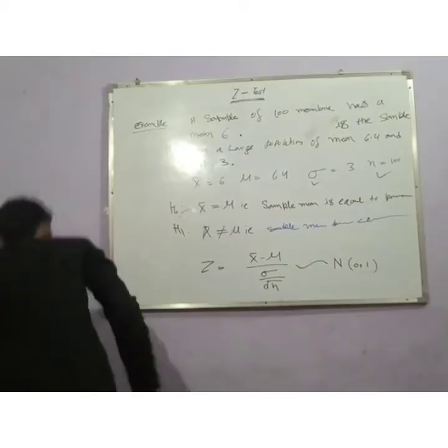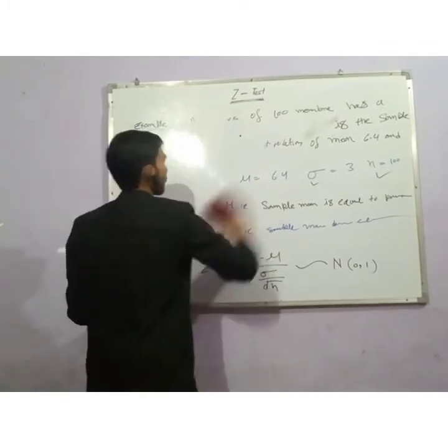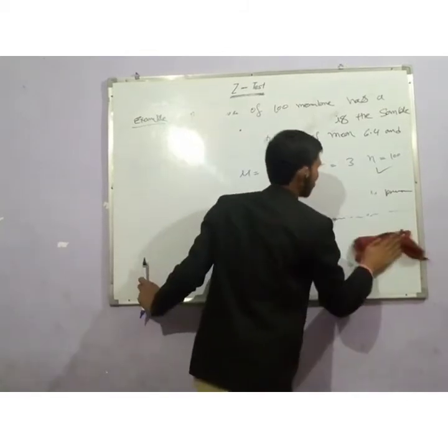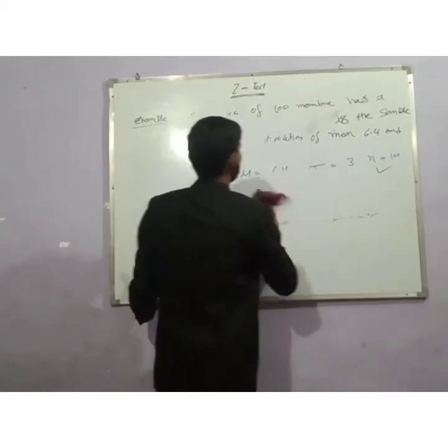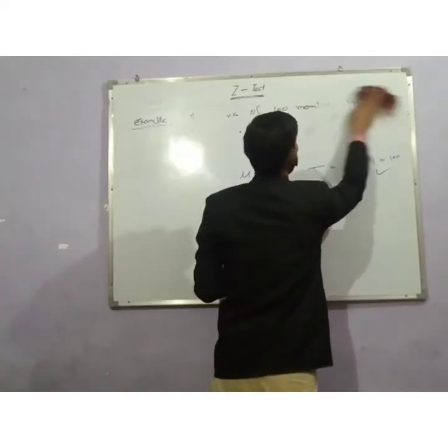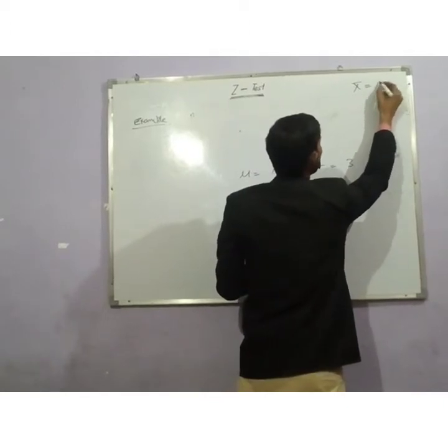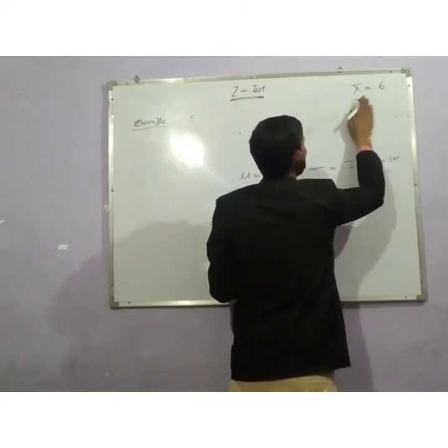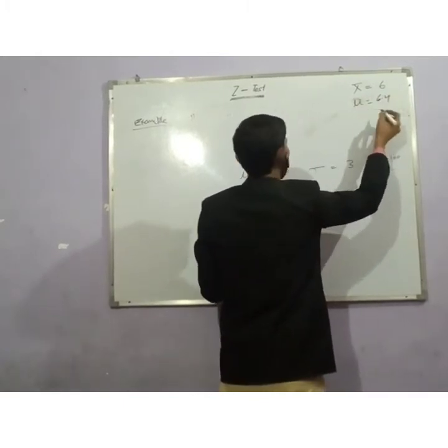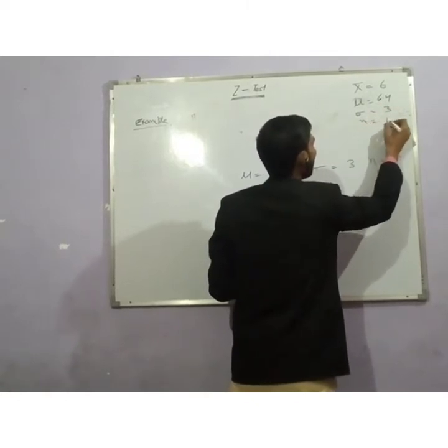Now x bar equals 6, mu equals 6.4, sigma equals 3 and n equals 100.